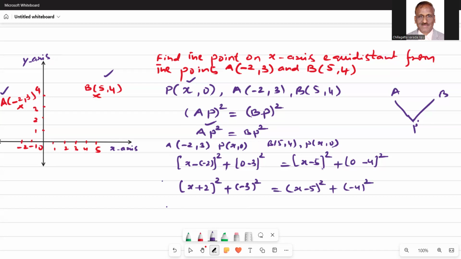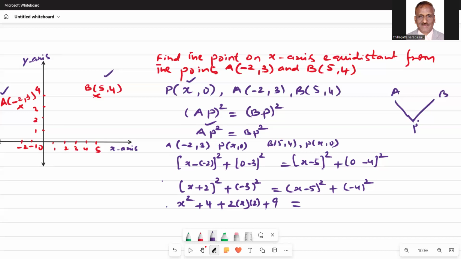You know the expansion of (a plus b) whole square now? A square plus b square plus 2ab, 2 into x into 2. A square is x square, b square is 2 square, 4, 2ab, 2 into x into 2, plus (minus 3) whole square gives you 9.